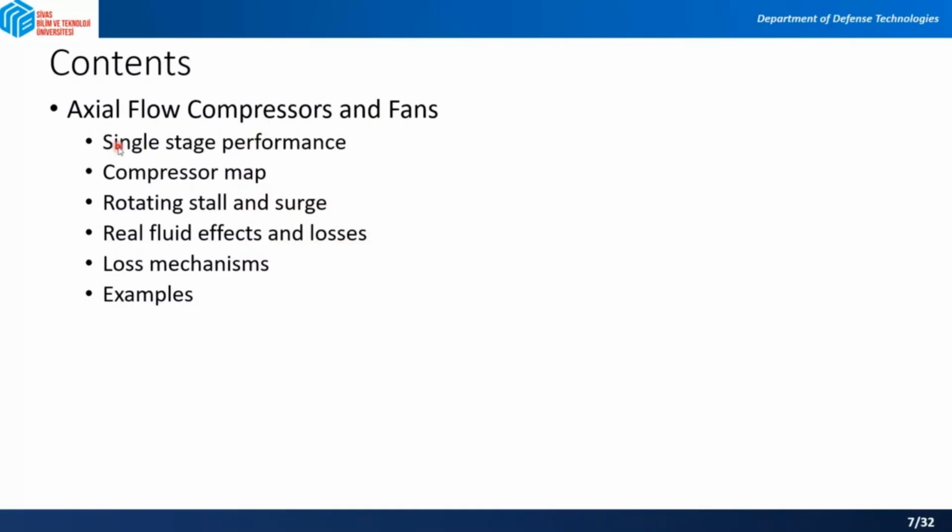And then after seeing this performance, we will check the map of the compressor, and then if you remember, we had some discussion on the rotating stall and surge. We will have some notes on these, and finally we will check the effects of the real fluid and the losses there and the mechanisms that generate losses, and we are finally ending today's session with some examples.